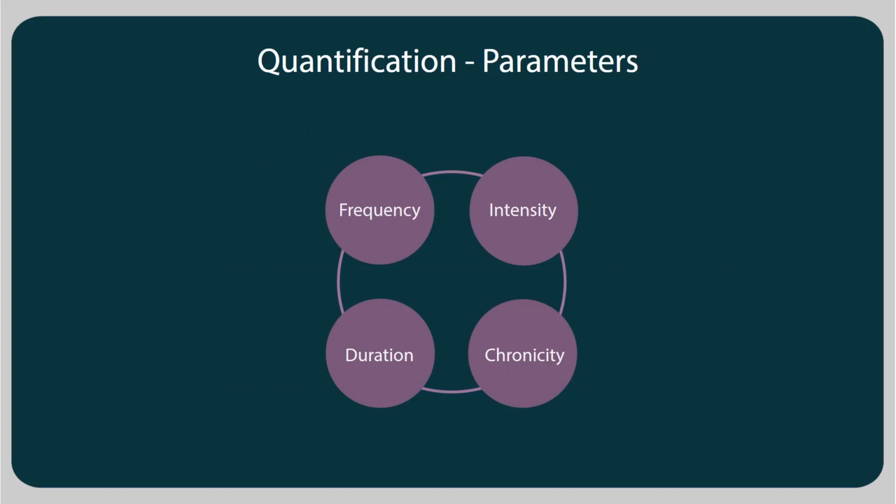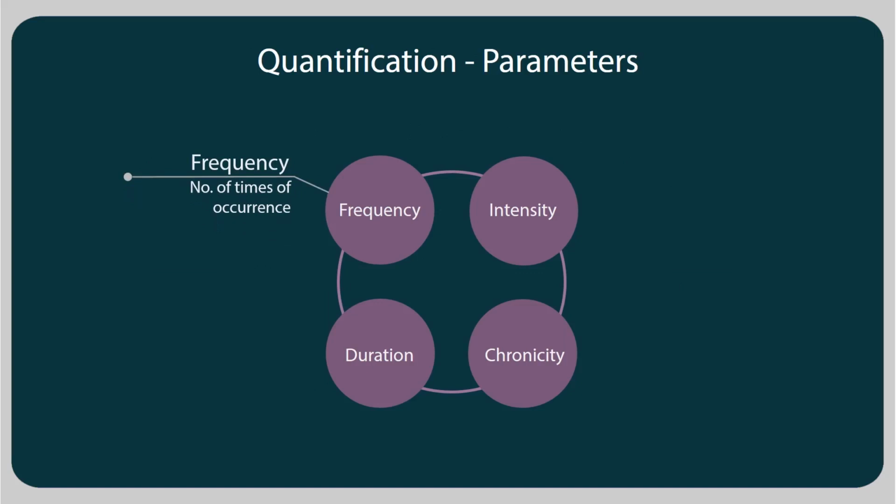First one, frequency. Second one is intensity. Third one is duration. These three are applicable in any field, whereas the fourth and the last parameter is by and large applicable in the clinical field, that is chronicity. By frequency we mean the number of times any particular response occurs over a period of time.